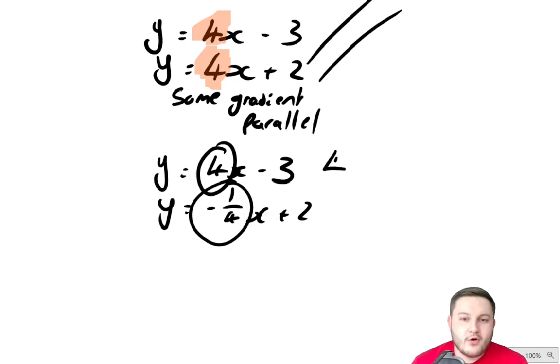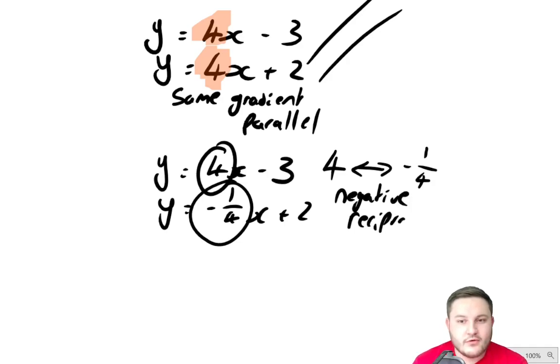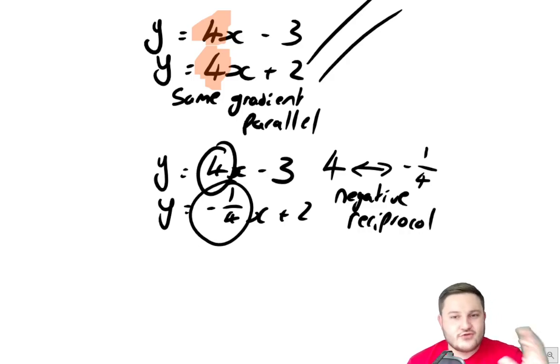Now, 4 and negative a quarter are what we call the negative reciprocal of each other. Basically, what I've done here is I've flipped the fraction, and I'm going to use the naughty word here, and I've changed it from positive to negative, or vice versa.